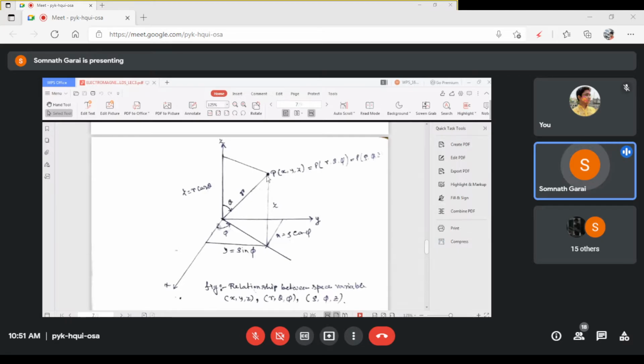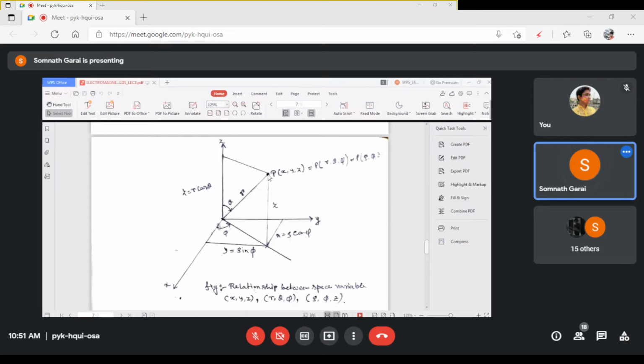How do we compare it? If a sphere is cut horizontally and cut vertically, then that is the point, which is a vector point, right? This is the vector point.